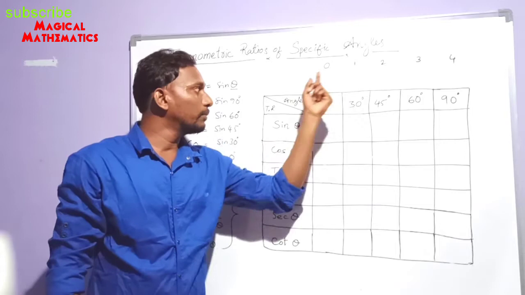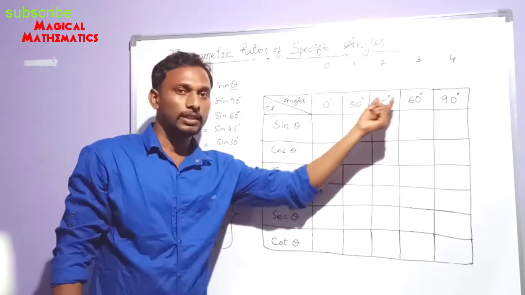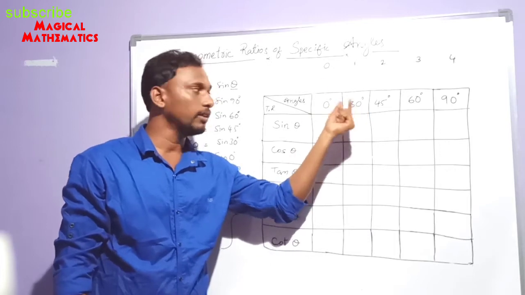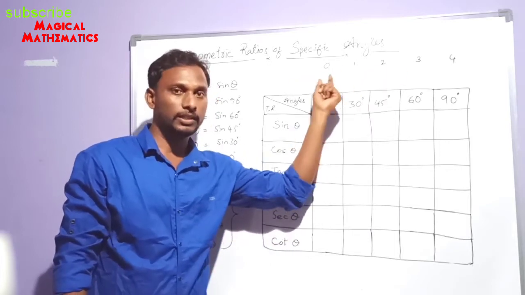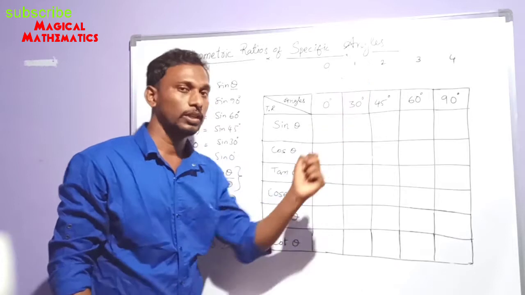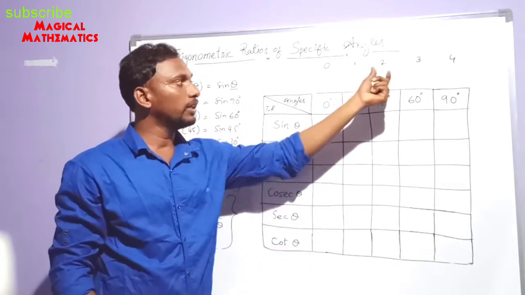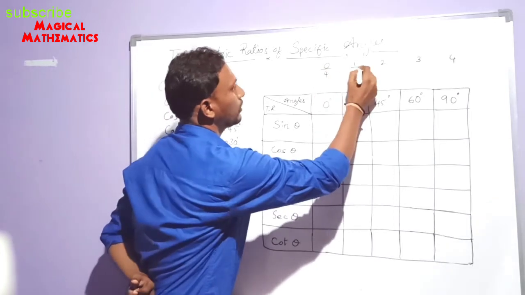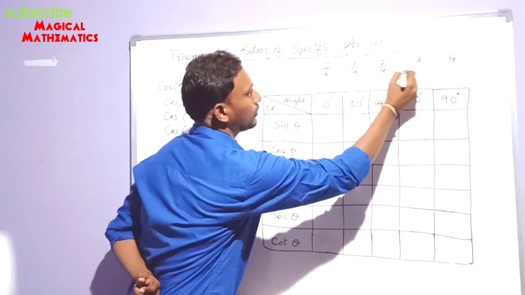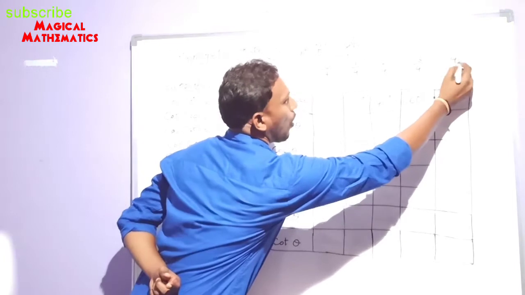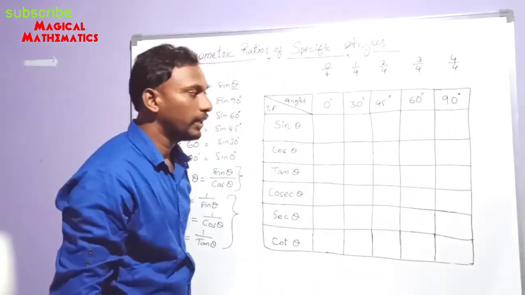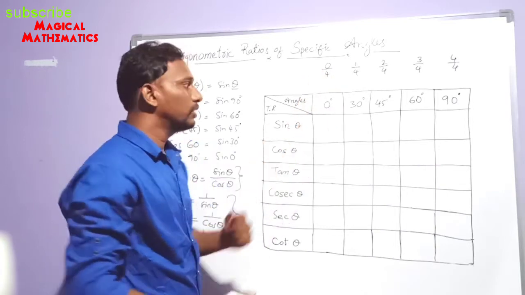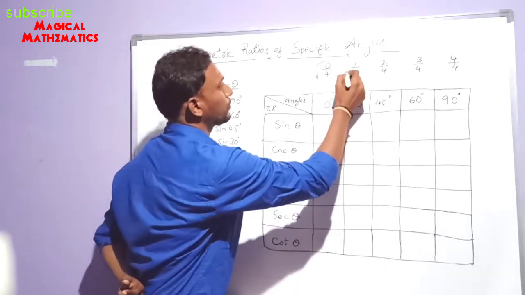These angles we already wrote in ascending order, and these numbers you also have to take in ascending order only, from 0 to 4. Now divide all the numbers by 4. Now take the square root for all the values.